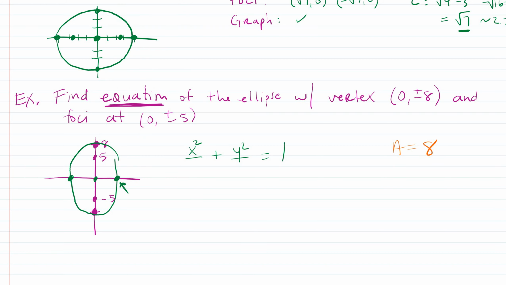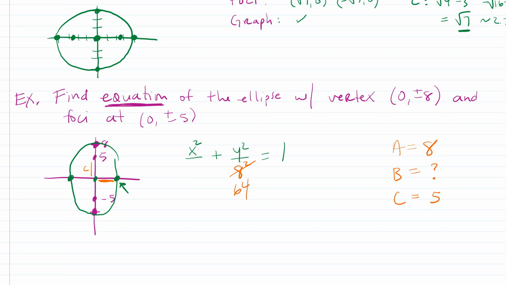So a is 8. So that means that this number here is 8 squared, which of course we can write as 64. b is the distance from the center to the smaller axis vertex. I don't know what that is. And c is the distance from the center to the foci, so that distance is 5.